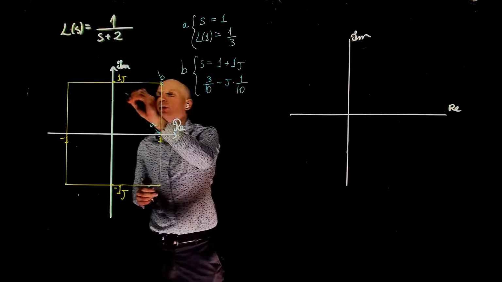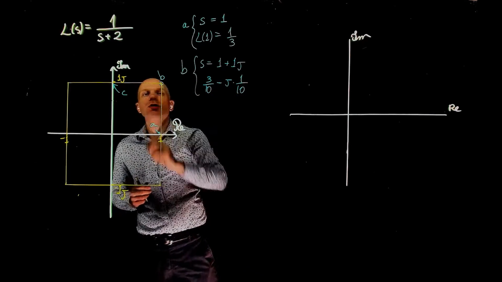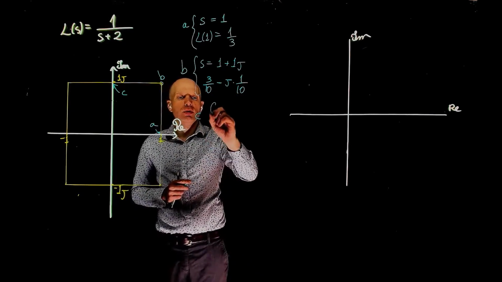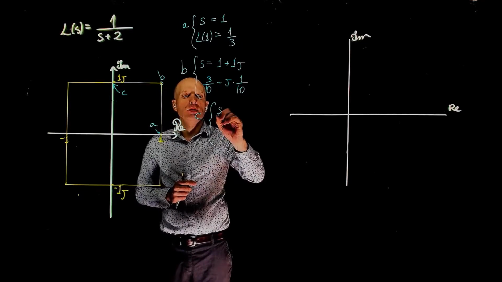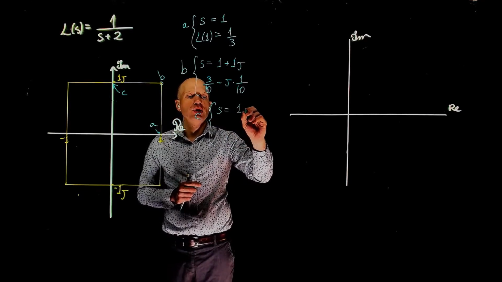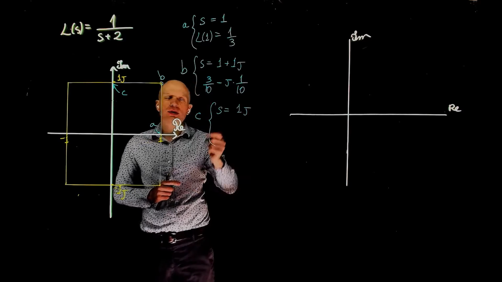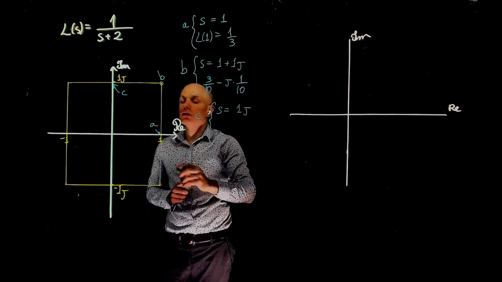Now we can move to point C here. At point C, S equals 1j. And now we do the same process. We'll replace S with 1j.